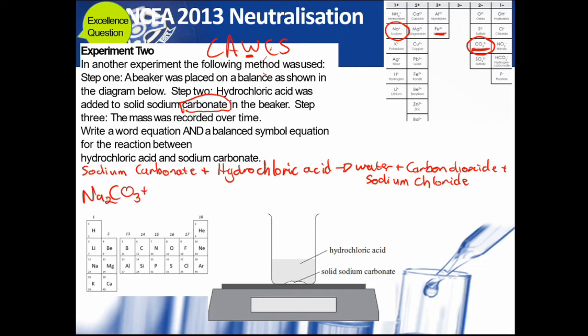Plus hydrochloric acid. You studied that, hopefully, HCl. But if you didn't, hydro is hydrogen, 1 plus. Chlorine is 1 negative. It's a 1-to-1 relationship. There you go. That gives us water. You know what water is. Plus CO2 plus sodium chloride.